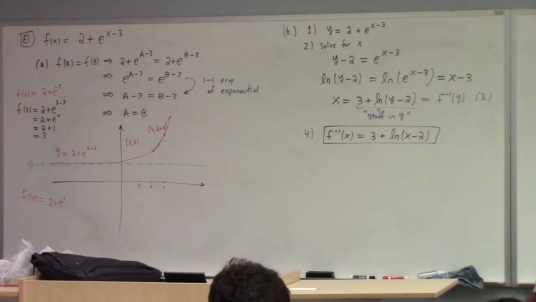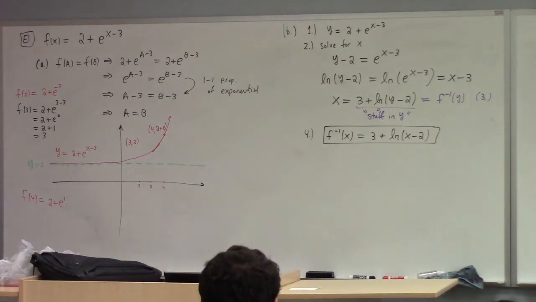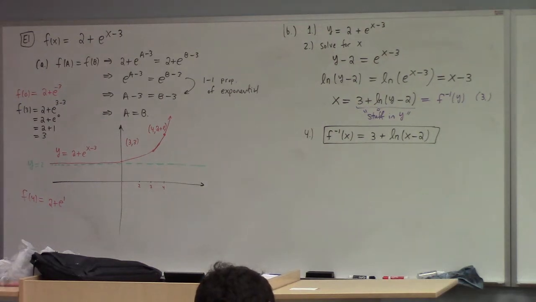Because it's really so much just like the original formula, but with the 2 and the 3 kind of flipped over in their roles, and instead of exponential, you got log. It doesn't always work out like this in terms of the pattern, but the pattern here is particularly nice for the formula.